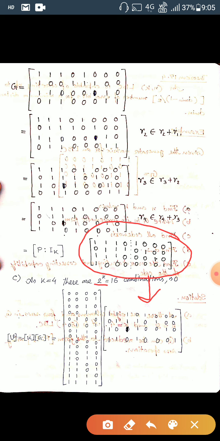That means here you have to check, if you consider the first row for the u, here 0000, so the result for the first one will be 0, because I already told you that where the 1 is present, only that particular row you have to consider and do the mod 2 operation or XOR operation, whatever you prefer to call it. So for the first one, each and every position value for the v will become 0.